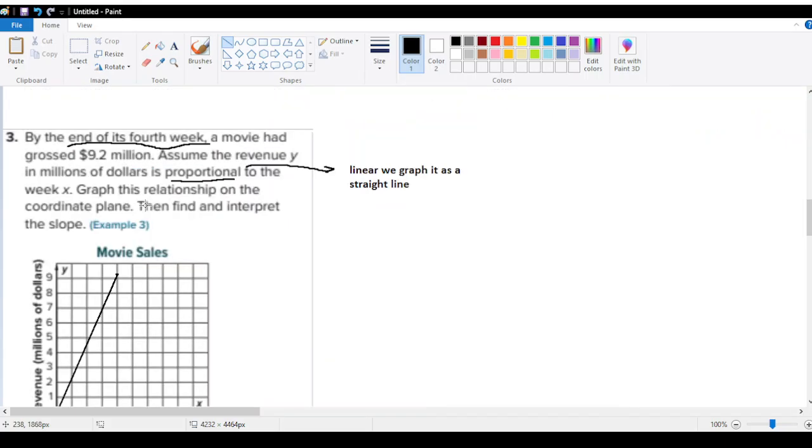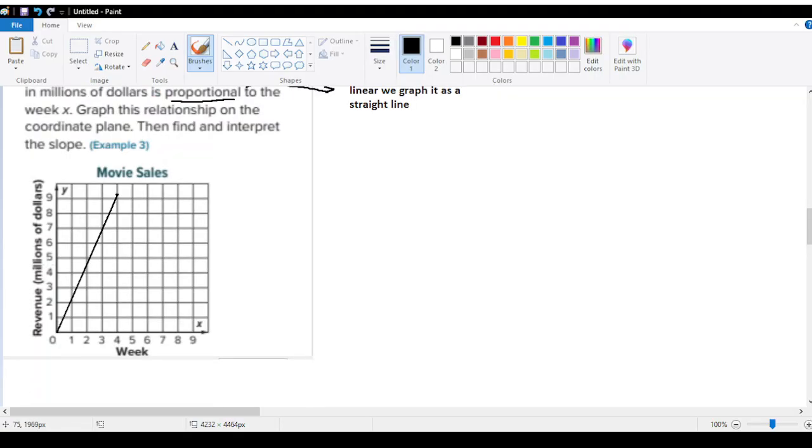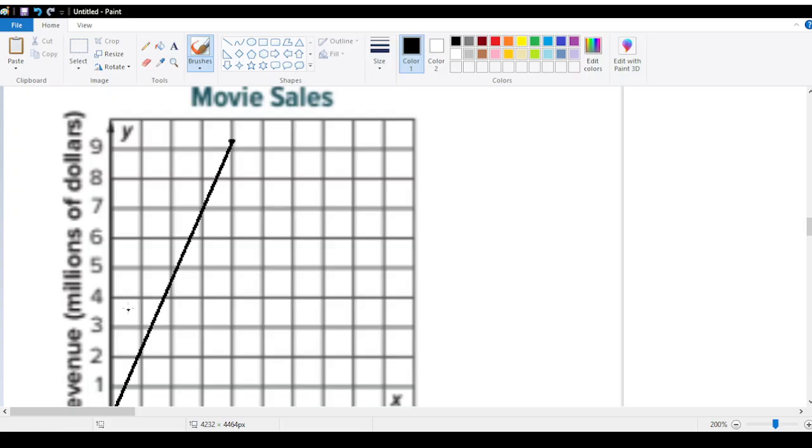Now, how to find and interpret the slope? We said we can do rise over run, or we can use the 2 points. Let's do rise over run. It's a little bit hard to do the rise over run because, look, there are no pure corners.